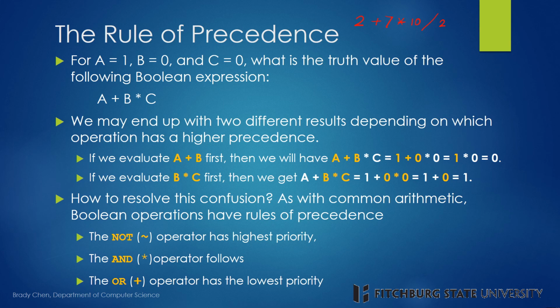Now we know in an arithmetic expression the rule of precedence is: the highest priority operator is the parentheses. That's the highest.